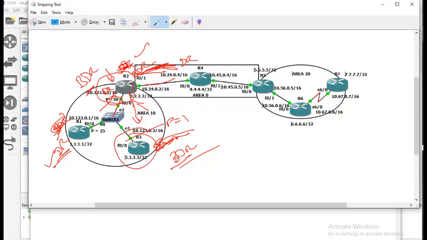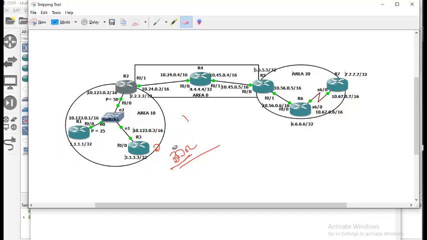Your question, please. Sir, I'm just clarifying what you said. So you've cleared the routes on R2, and that's when R4 became DR, isn't it? Yes. And within area 10, because you've cleared the routes on R2, between R1 and R3, R3 has the highest priority, right?